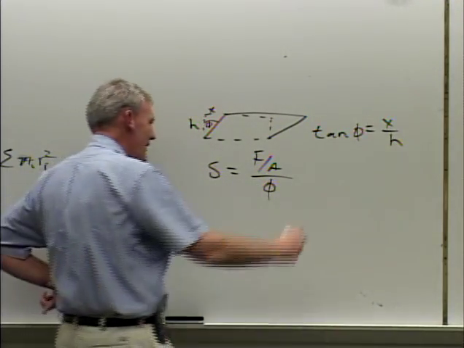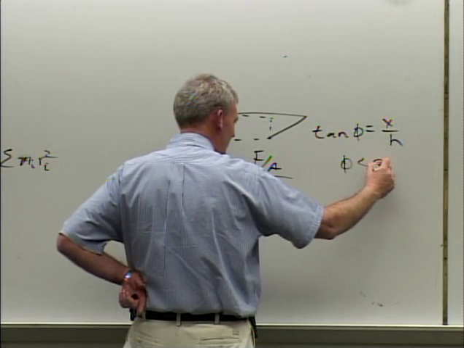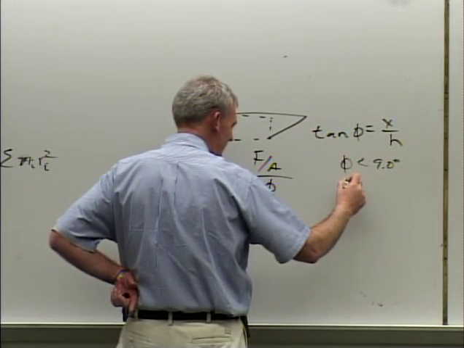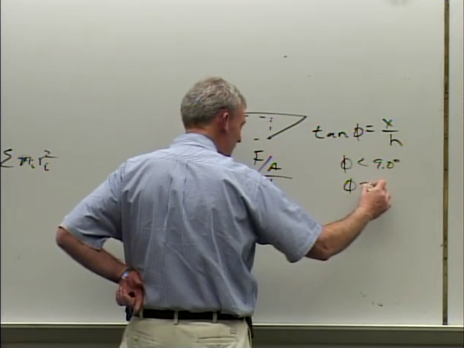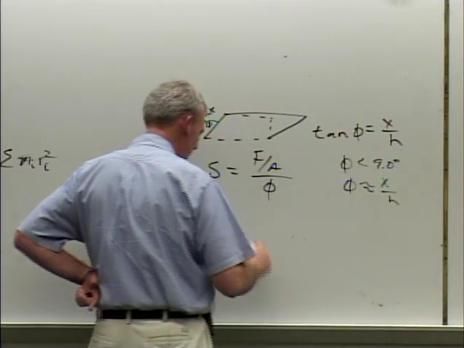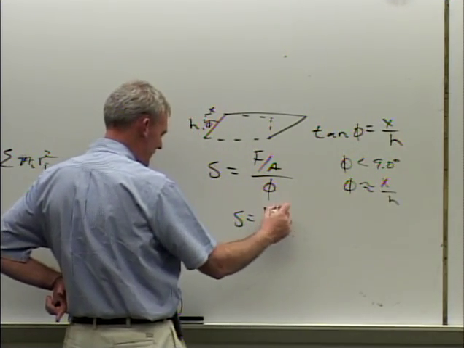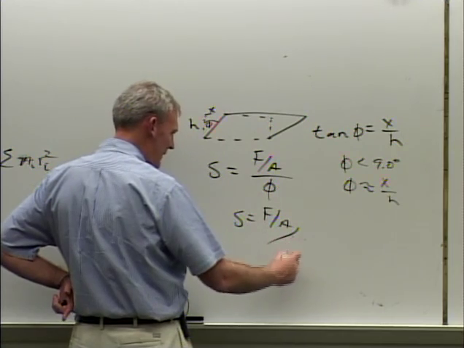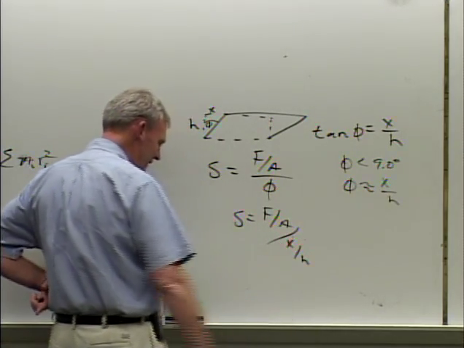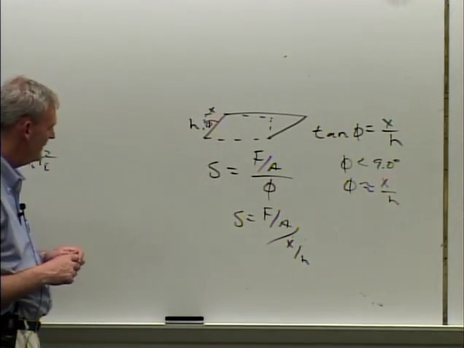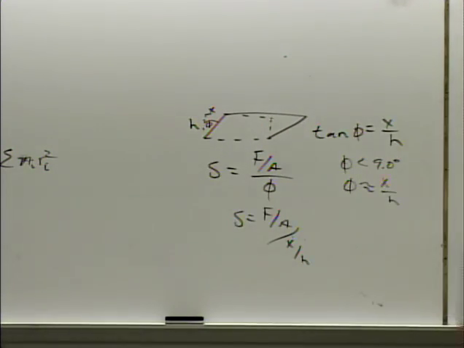But as long as phi is small, less than 9 degrees, then phi is really close to x over h anyway. And so shearing actually just equals F over A divided by x over h.